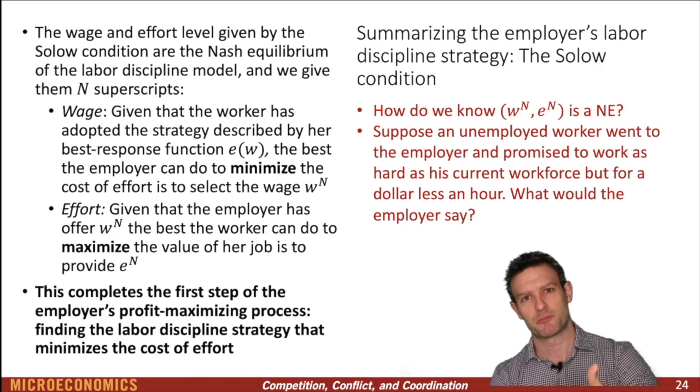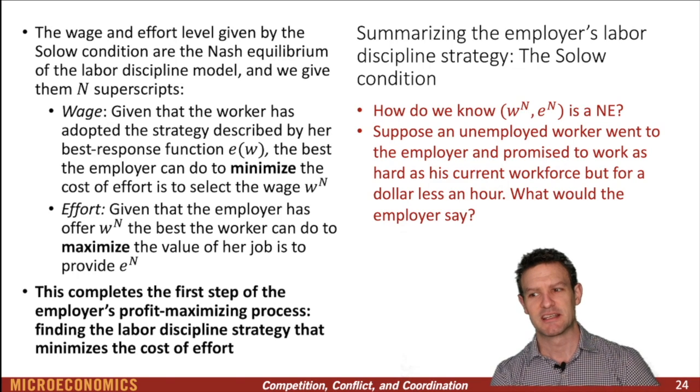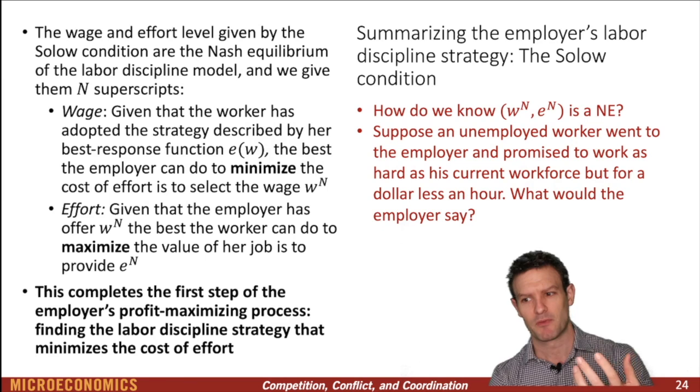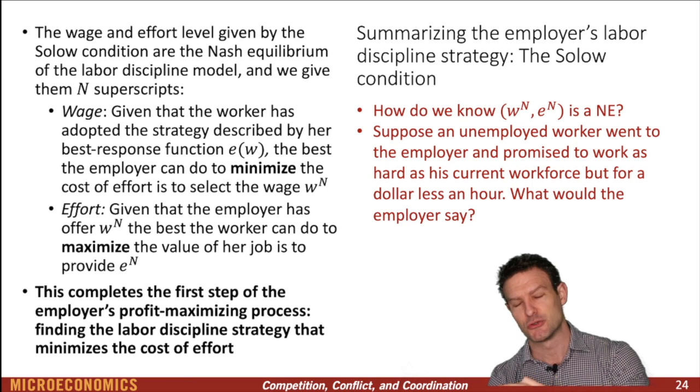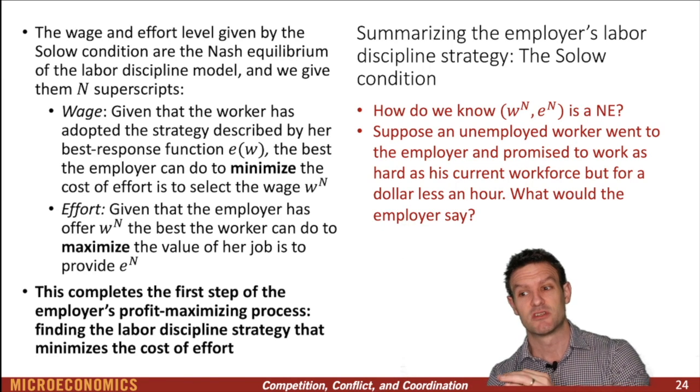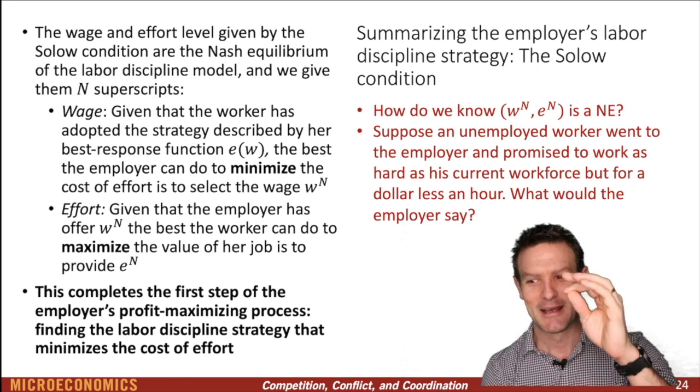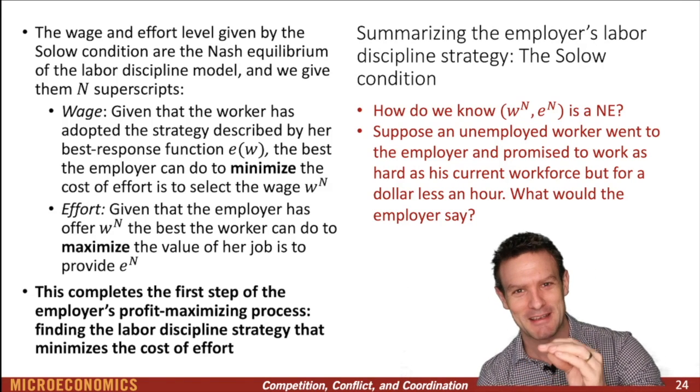The agent is best responding and the principal is best responding. So for the wage, given that the worker has adopted the strategy described by her best response function, the best the employer can do to minimize their costs is to minimize the cost of effort for a given wage.